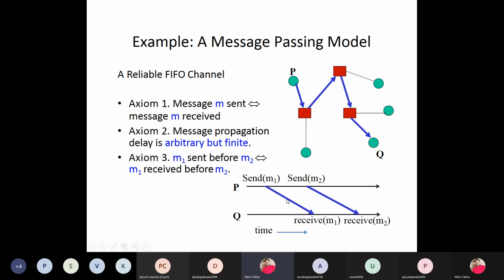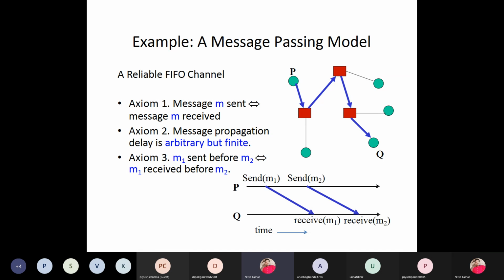There is a time gap between these two, from P to Q. When the message travels from P to Q, there must be some time for the travelling of the message. So you can mention the timestamp of the time gap between when it is sent and when it is received.